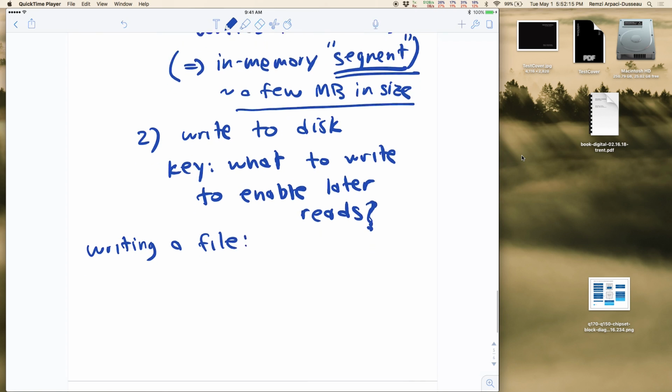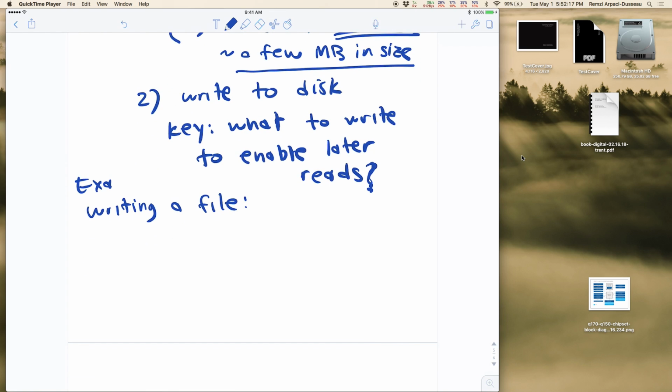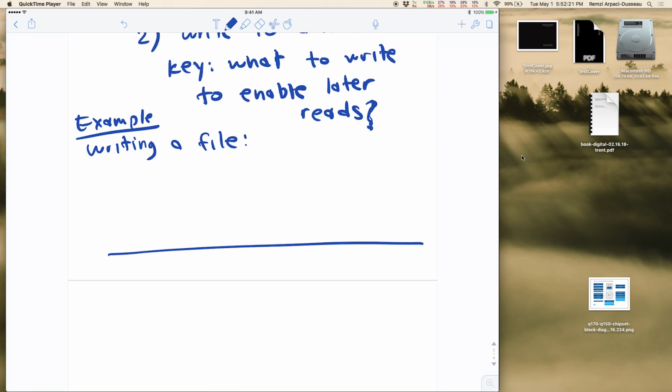Okay, so this is our example. We always will think about this as up here what's in memory, and then eventually what we're committing to the disk down here. Pretty simple idea. So we're writing a file. A file may have a number of data blocks in it. Let's say data block 1, data block 2, data block 3.